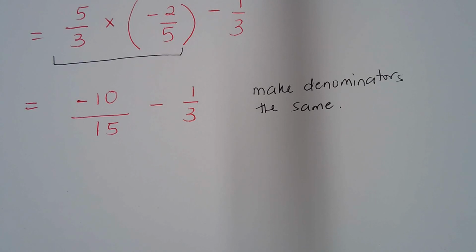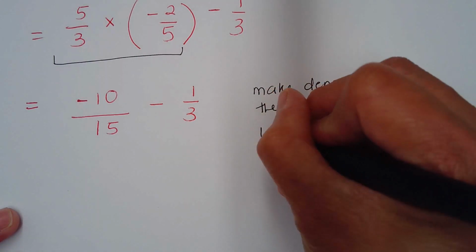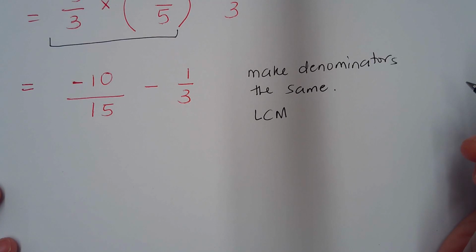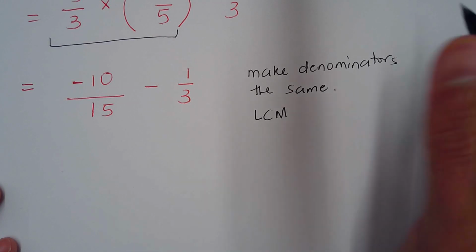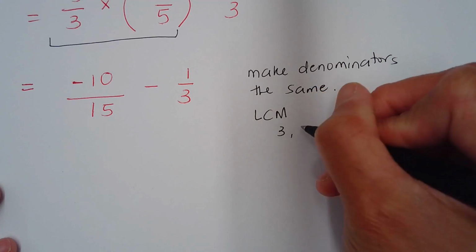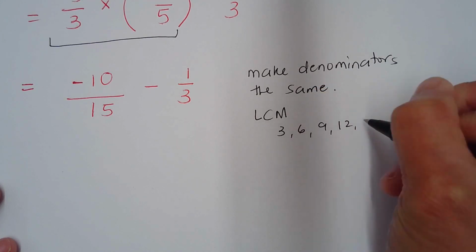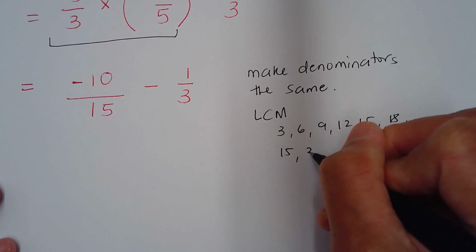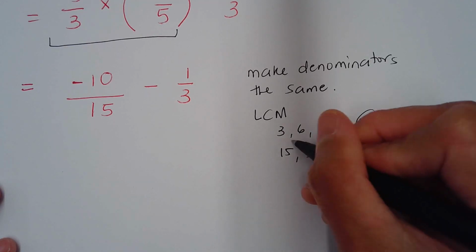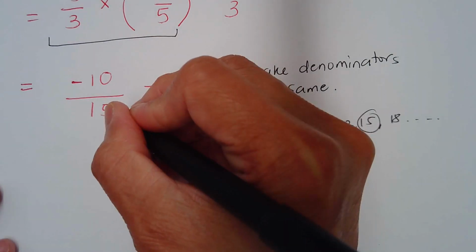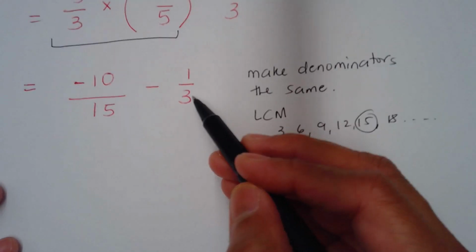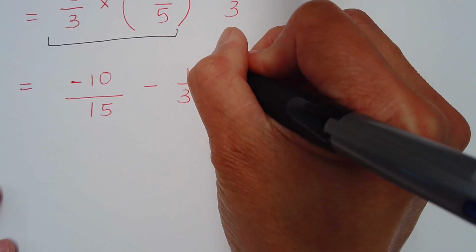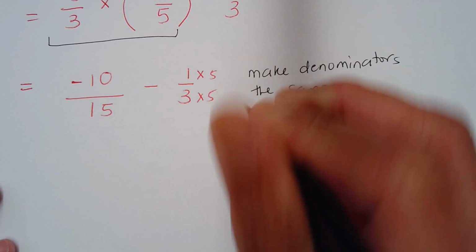Lowest common multiple is 15, right? Because it's 3, 6, 9, 12, 15, and then the other one is 15, 30, so 15 is there. So this is already 15, great. This one is not 15, so how do we make it 15? Times it by 5, 5/5.